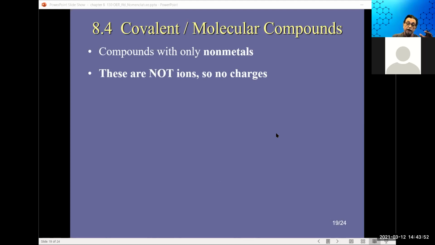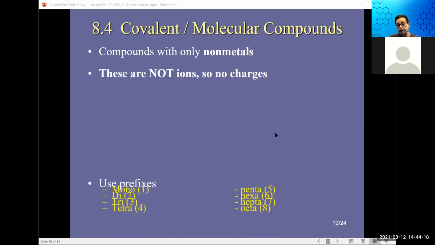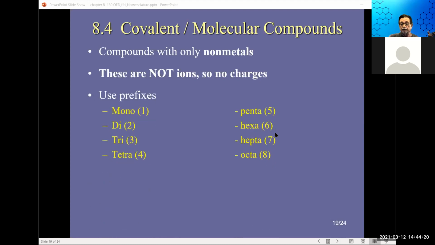Now, we don't deal with ions here because remember, these guys are covalently bonded. These are sharing electrons. So they don't have full charges like ionic compounds, but they have what are called oxidation numbers.